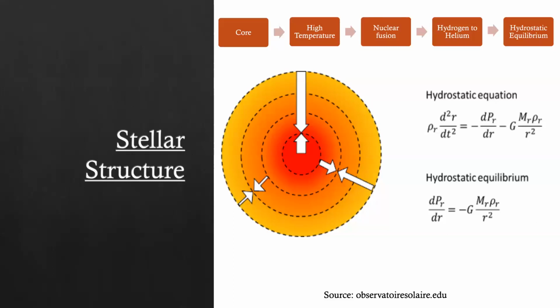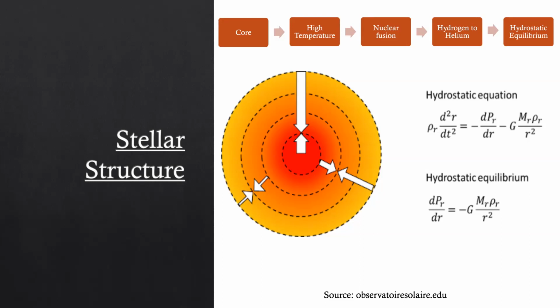That equation right there is the hydrostatic equation. This term is from gravity. The gravity of a star wants to collapse the star into the center, so it's going inwards, while the radiation pressure generated from the fusion is outwards. So they are in opposite directions.